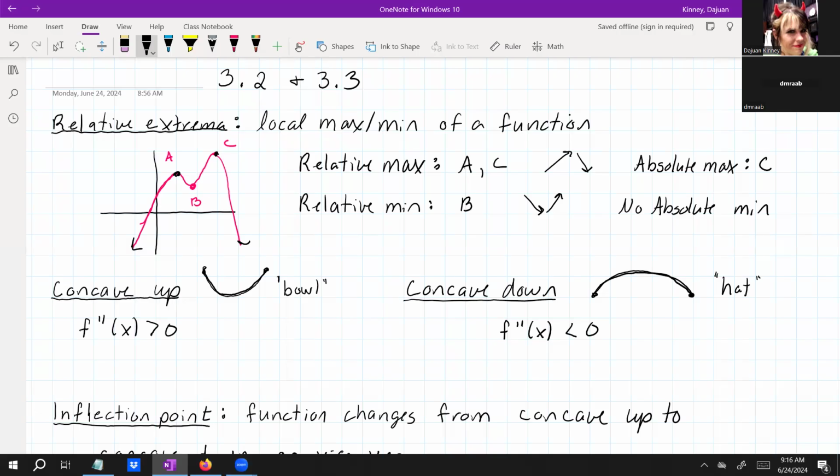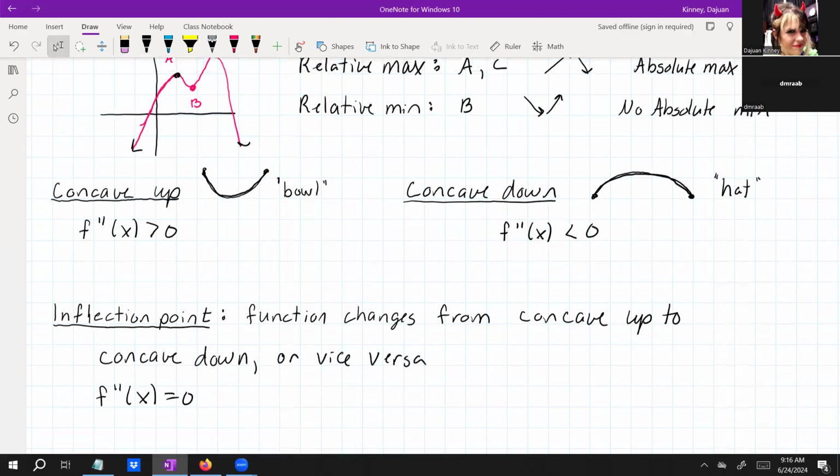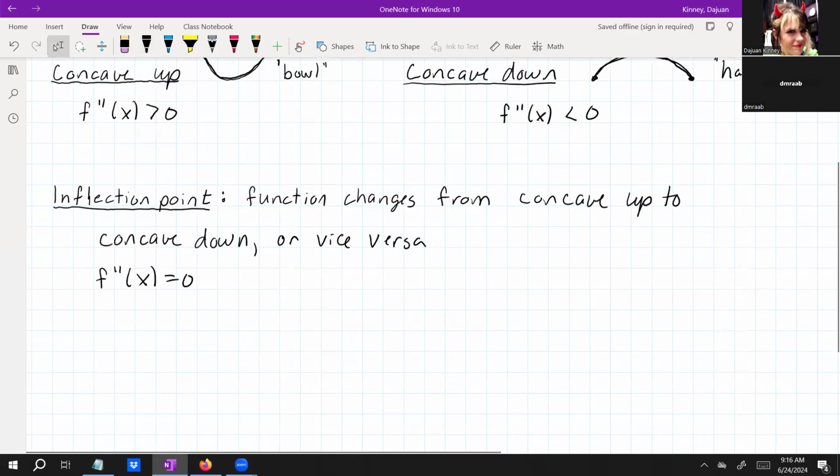Your inflection point is where you change from concave up to concave down or down to up. If it's going to happen, it'll be where the second derivative is zero, but the second derivative is zero in other places too, so it's not an exact science with this one. So if I were to have a graph here, oh, that was probably the best of these I've ever drawn.